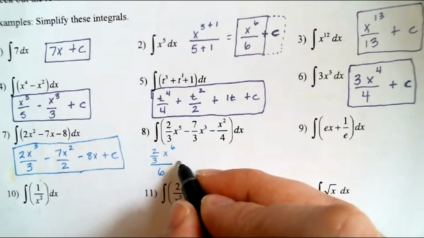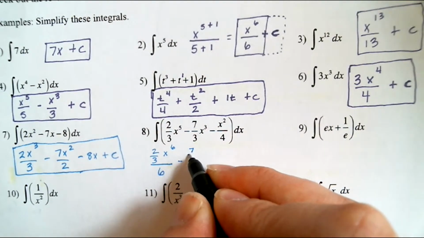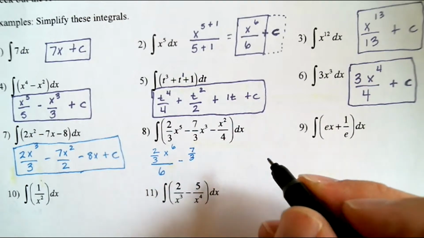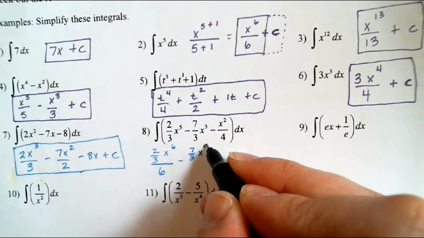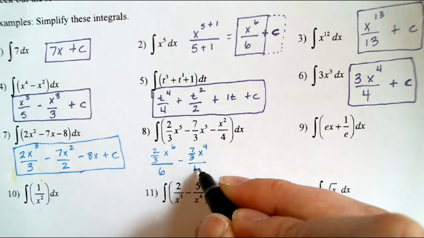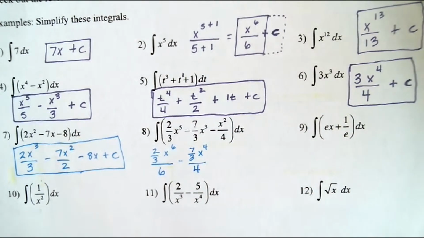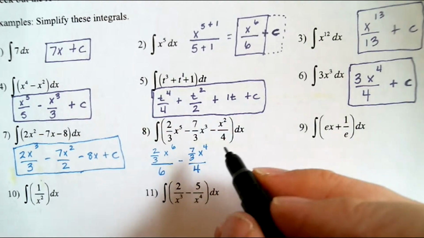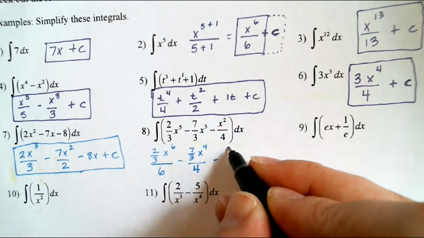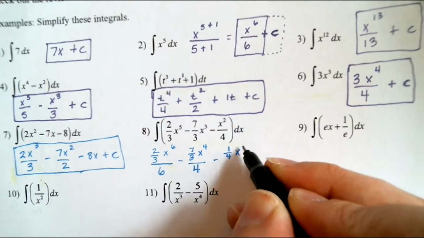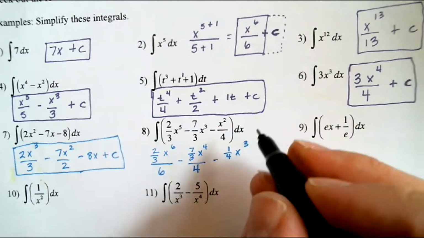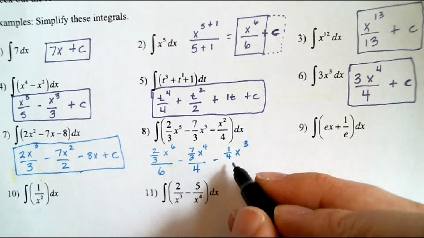And then I say minus 7/3 is a constant, leave it by itself. X to the 4th over 4. Minus 1/4 x cubed all over 3.